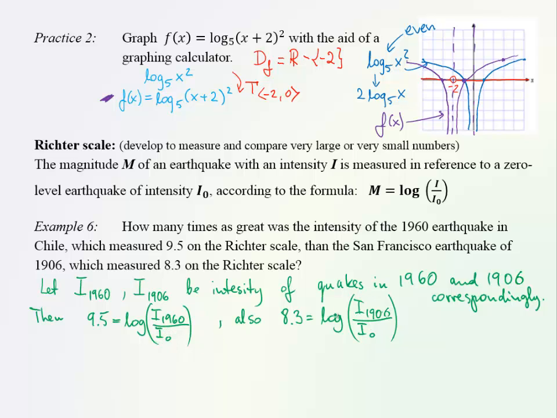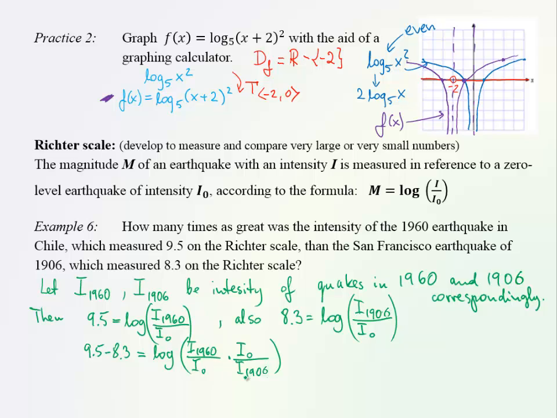To find out the ratio, it's enough to subtract the logs. So if I go 9.5 minus 8.3 on the left-hand side of these two equations, and then I subtract the logs, it's the same as the log of the quotient. The quotient is I of 1960 divided by I0, then divide by, which means multiply by the reciprocal of I0 over I 1906.